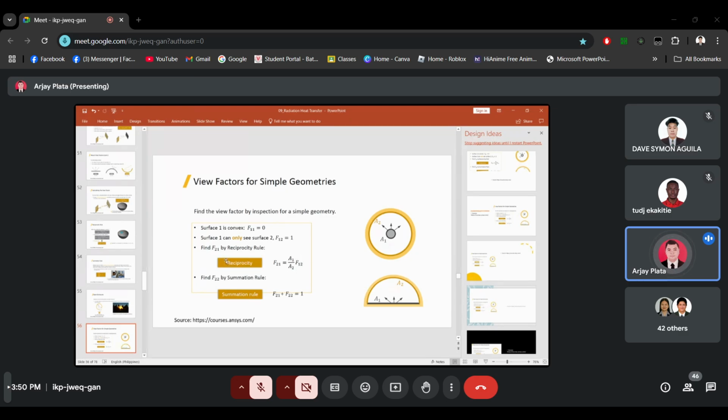So that's the reciprocity rule. For the summation rule, we have the view factor from surface 2 to 1 plus the view factor from surface 1 to 2 equals 1. So that's the summation rule.